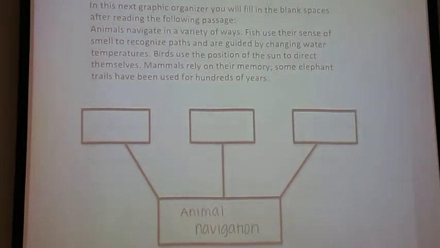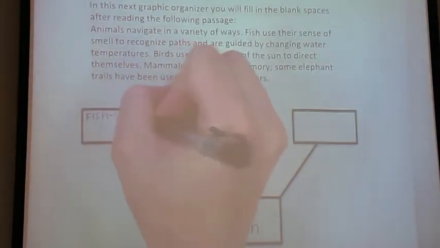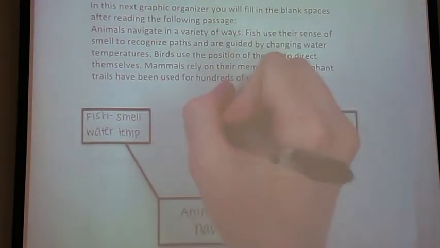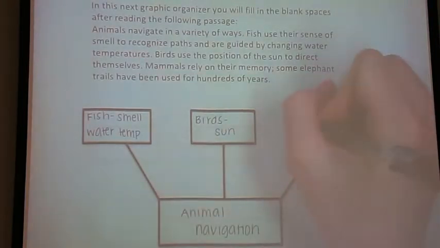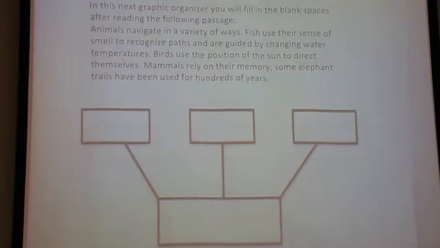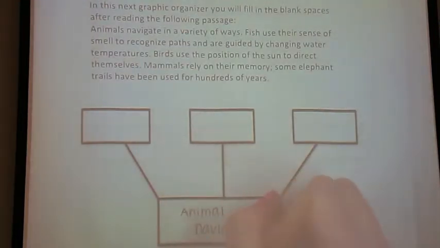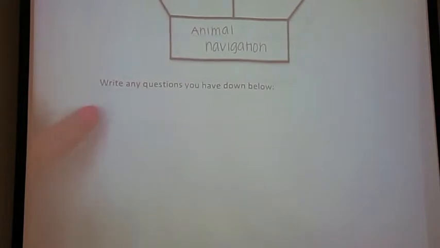In your 3 detail boxes, you should have something about fish using smell or water temperature, birds using the sun, and mammals using memory. For the main idea box, you should have animal navigation. If you have any questions, write them on the bottom of your worksheet so you can ask your teacher about them tomorrow.